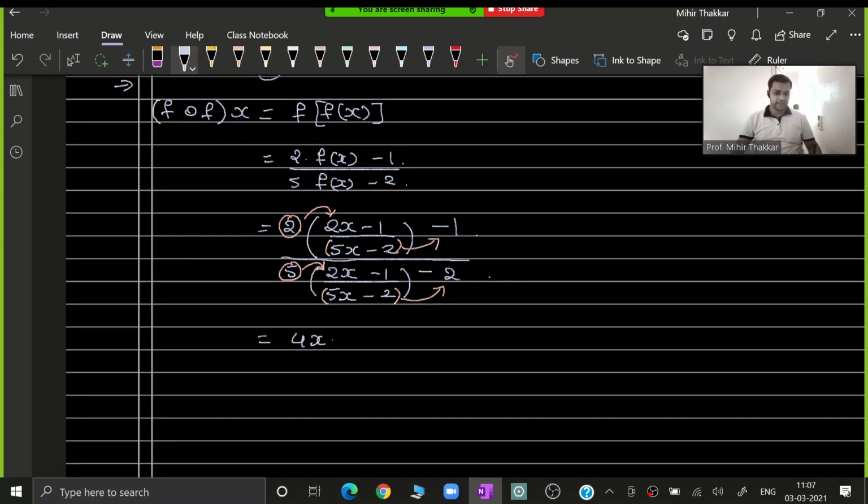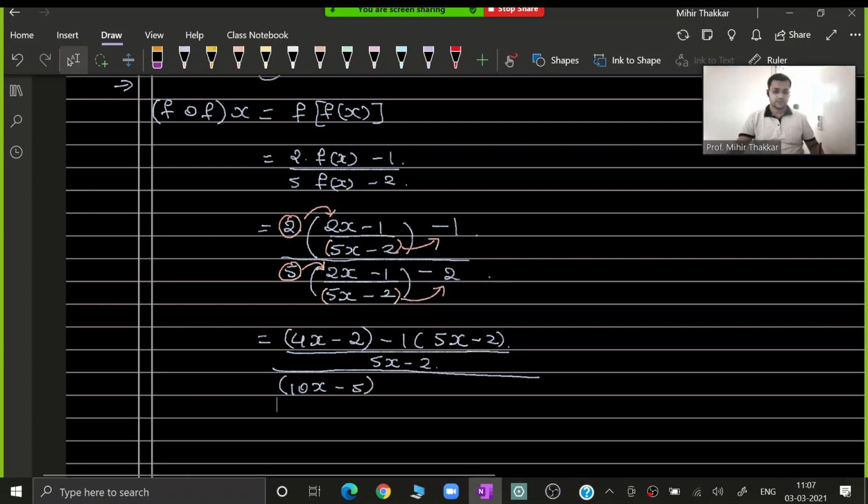It becomes 4x minus 2 for the first term minus 1 into (5x minus 2), whole divided by 5x minus 2, divided by 10x minus 5 minus (5x minus 2) multiplied by 2, upon 5x minus 2. So now over here guys, these both 5x minus 2 will cancel.